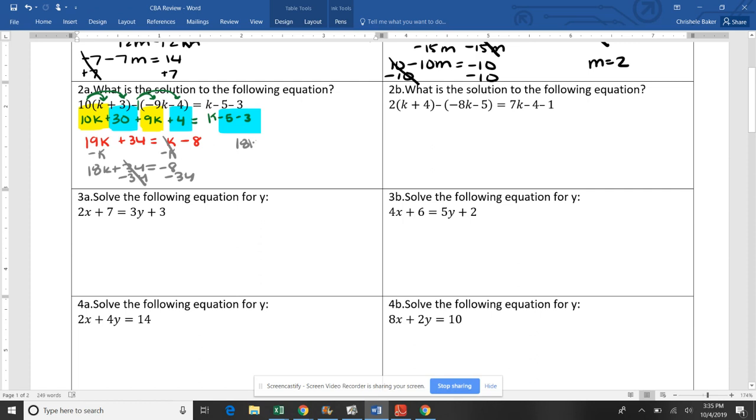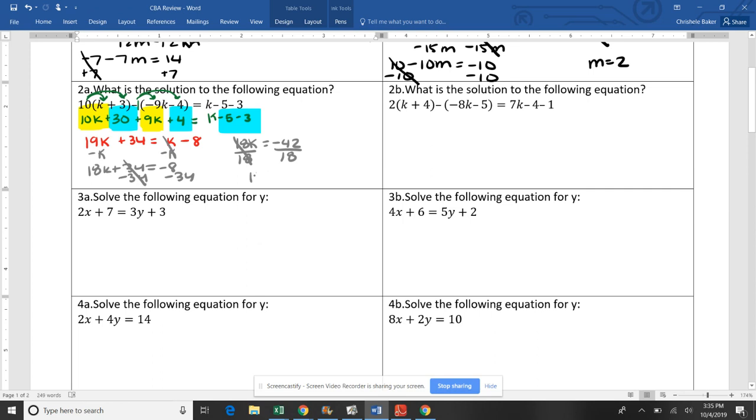Okay, 18k is equal to, and then negative 8 minus 34, of course, is negative 42. Last step is to divide or multiply to get the k isolated. This time I will have to divide since 18 and k are multiplying, and negative 42 divided by 18 is not a whole number.